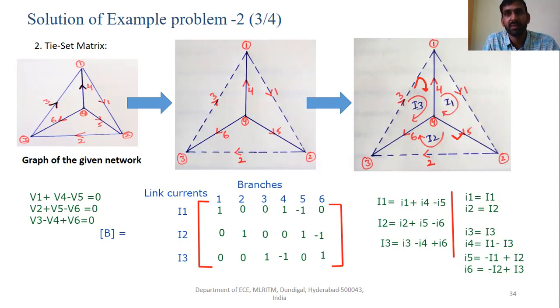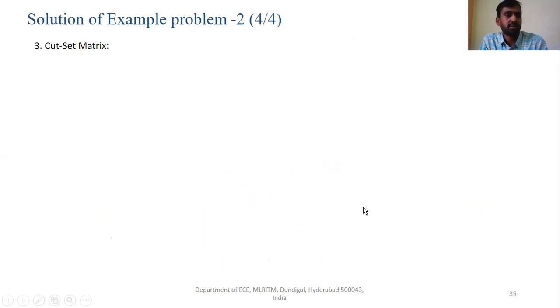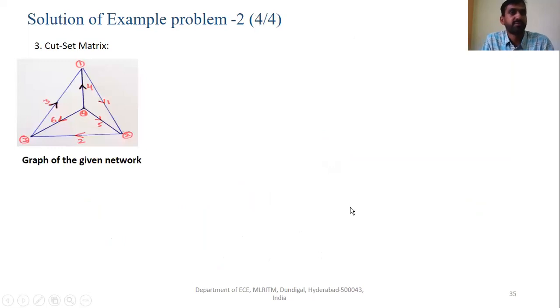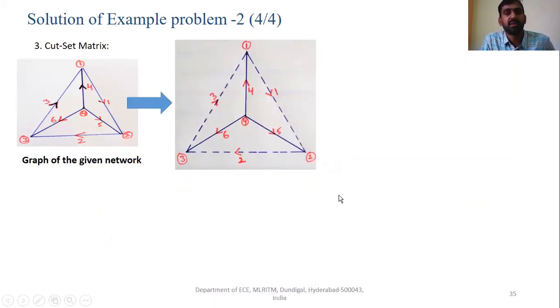So coming to the cut set matrix, let us take the same graph. This is the given graph, and we have to obtain the cut set matrix. For the cut set matrix, we also have to separate the twigs and the links.